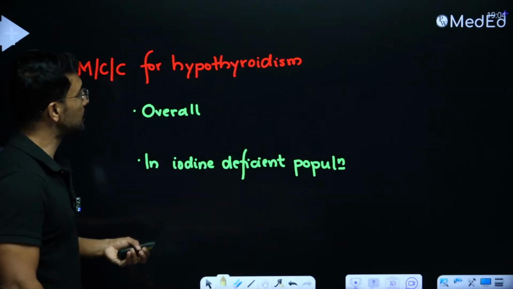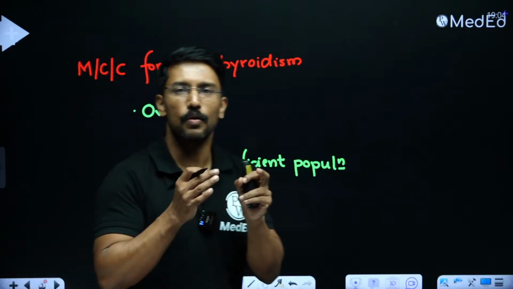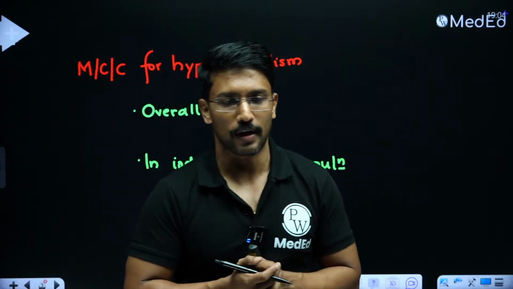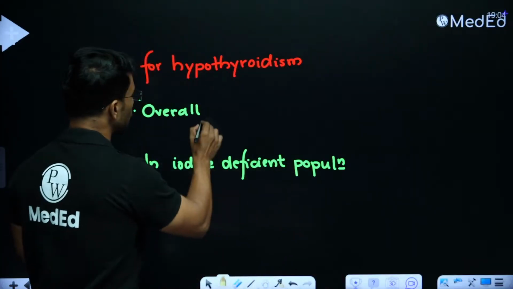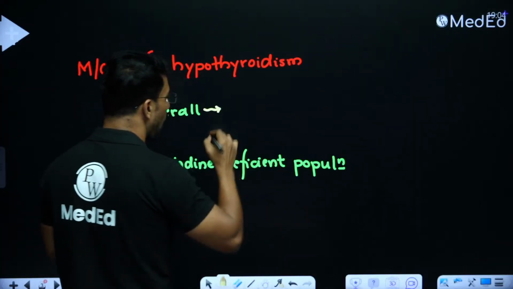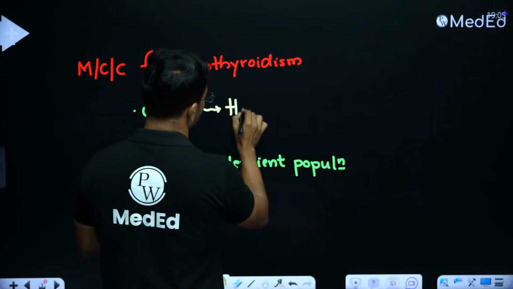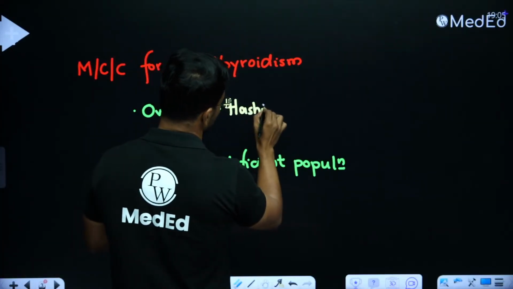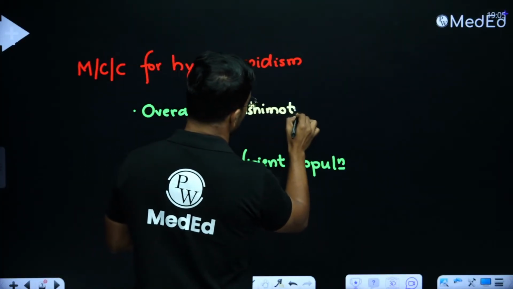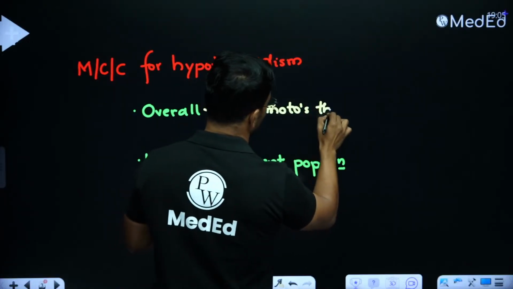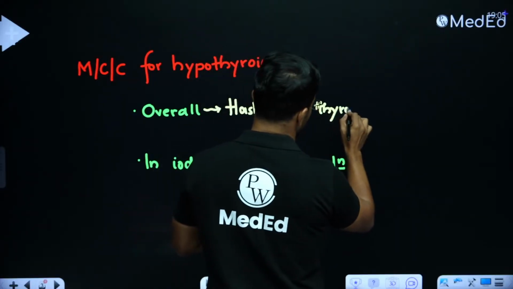So in the exams, they may ask you an MCQ: what is the overall most common cause for hypothyroidism? Overall, the most common cause for hypothyroidism is not iodine deficiency. It is Hashimoto's thyroiditis or autoimmune thyroiditis. Hashimoto's thyroiditis is the most common cause for hypothyroidism the world over.